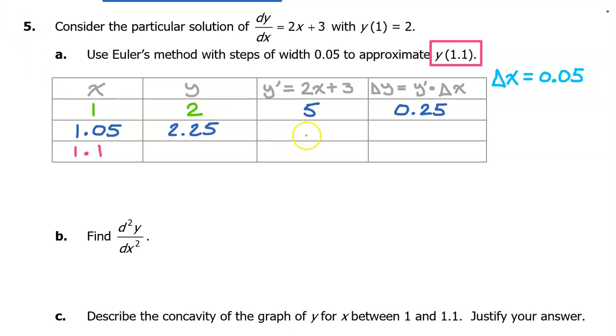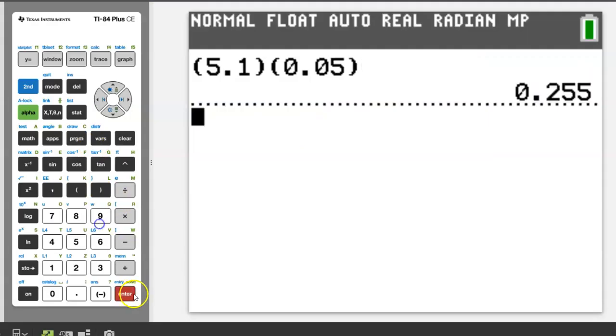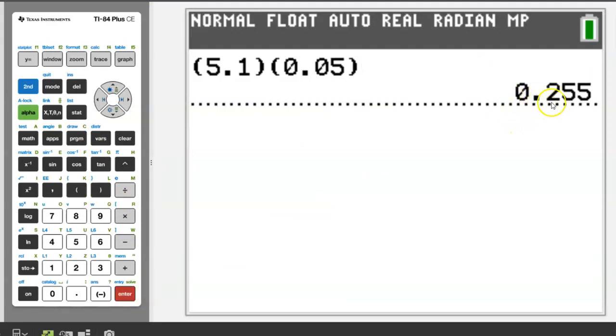Repeat the process one more time. Y prime is 2x plus 3. If x is 1.05, 2 times x is 2.1, plus 3 is 5.1. Now we find delta y by multiplying y prime times delta x. So that's 5.1 times 0.05. That's 0.255.